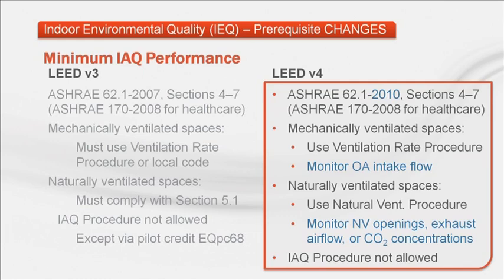For a system with constant volume airflow, you can use air balancing and a fan proving switch. Now, for a natural ventilation system, you can either directly measure exhaust airflow, use indicators on the ventilation openings, or monitor carbon dioxide in each zone.